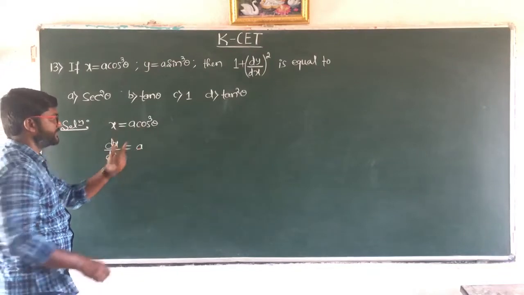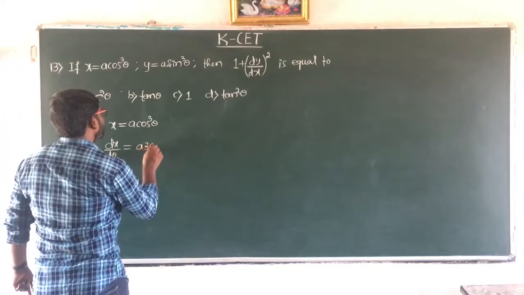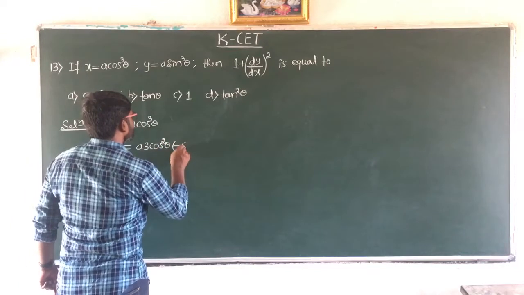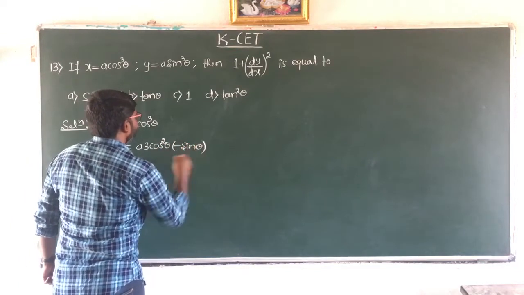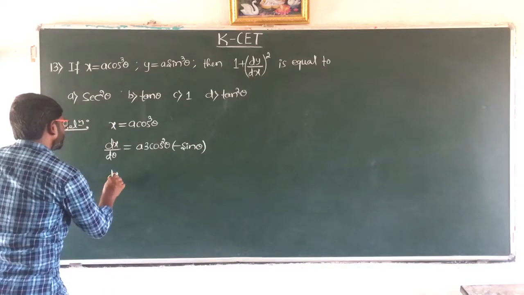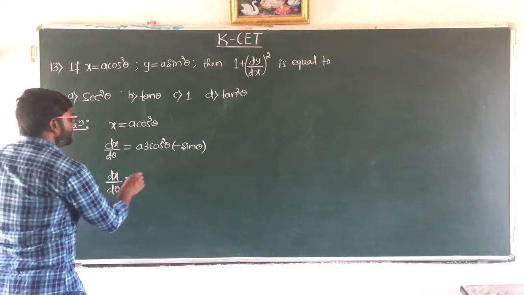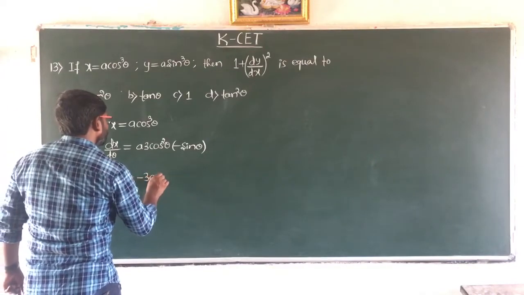Then derivative of cos cube theta will be 3 times cos square theta into derivative of cos theta will give us minus sin theta. So now rearrange the terms here.